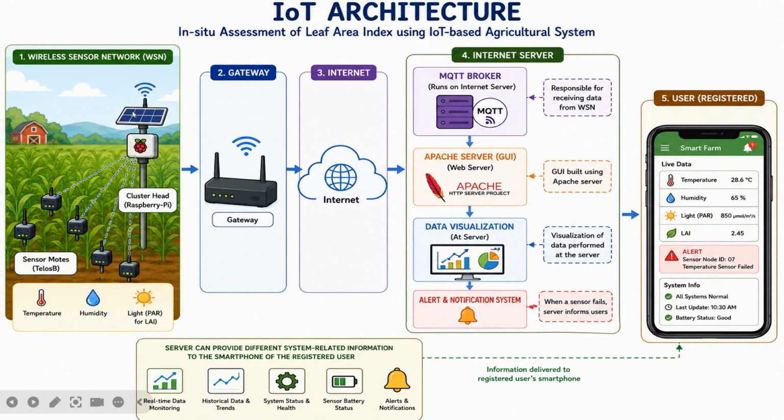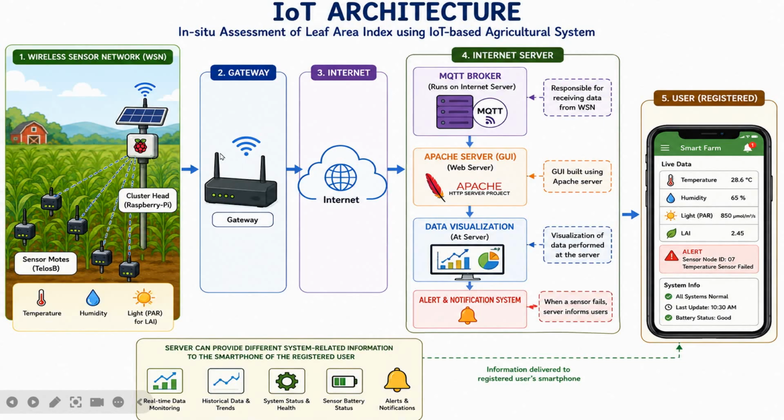Here you can see the wireless sensor network, that is the WSN, which consists of several TelosB sensor nodes deployed in the crop field, and these sensors measure the environmental parameters such as temperature, humidity and light, that is PAR, for the LAI. And a Raspberry Pi acts as a cluster head and collects the data from all the sensor nodes and forwards it to a gateway.